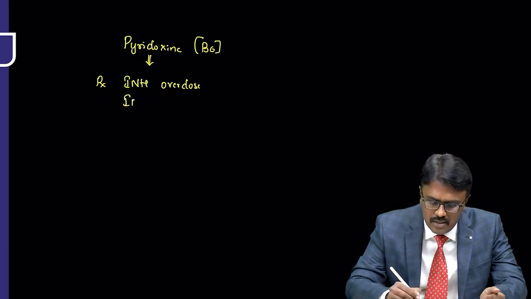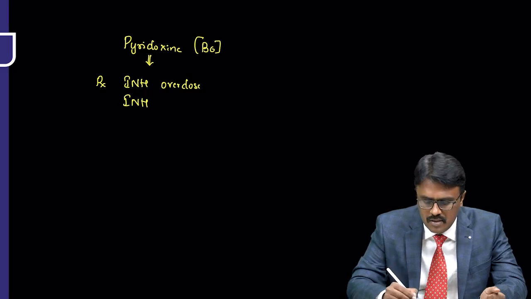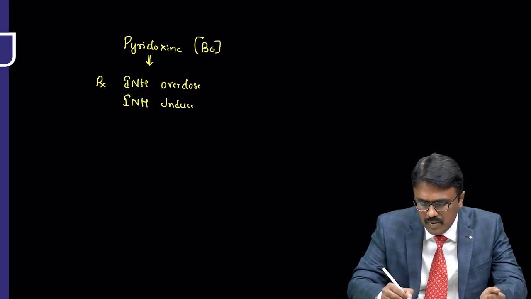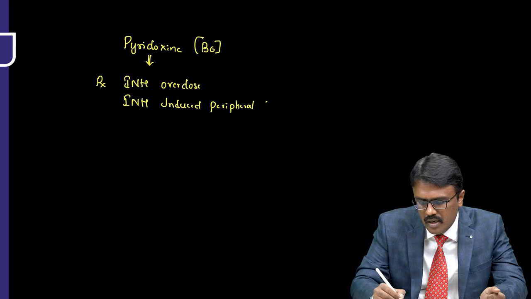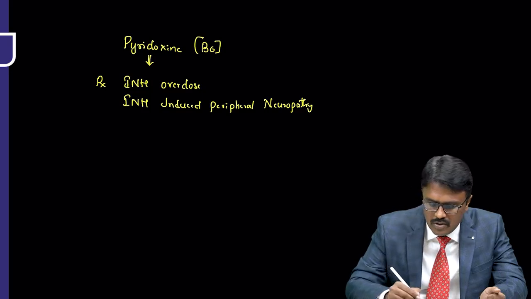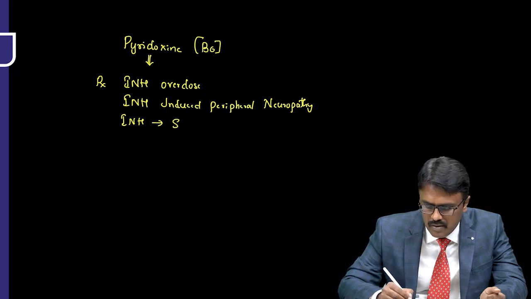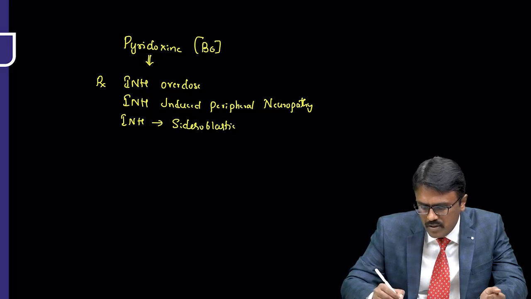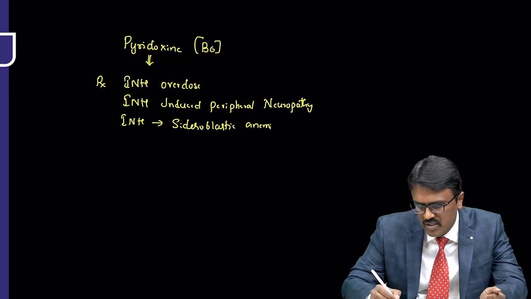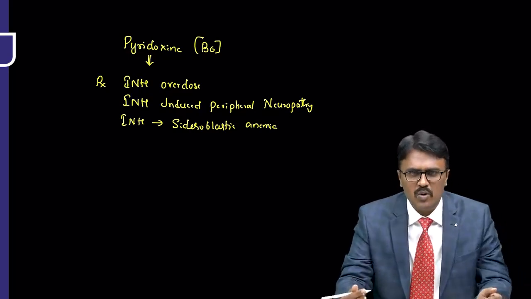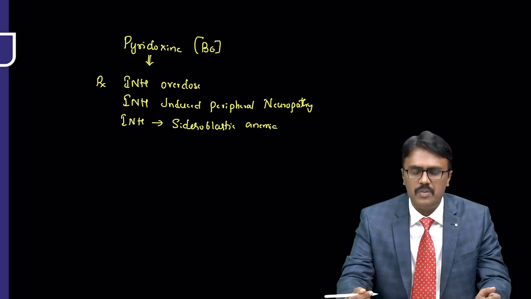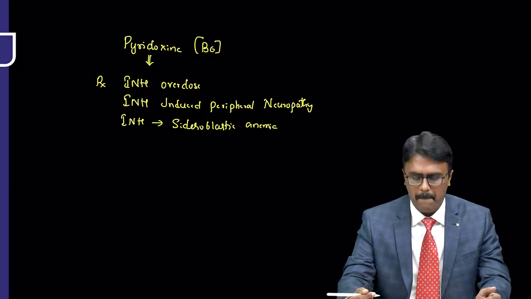Or if there is isoniazid-induced peripheral neuropathy, there also we use pyridoxine. Even when the patient is using INH, the patient can develop an anemia called sideroblastic anemia. For correcting that also we use pyridoxine. So pyridoxine is used in INH overdose, INH-induced peripheral neuropathy, and also in sideroblastic anemia.